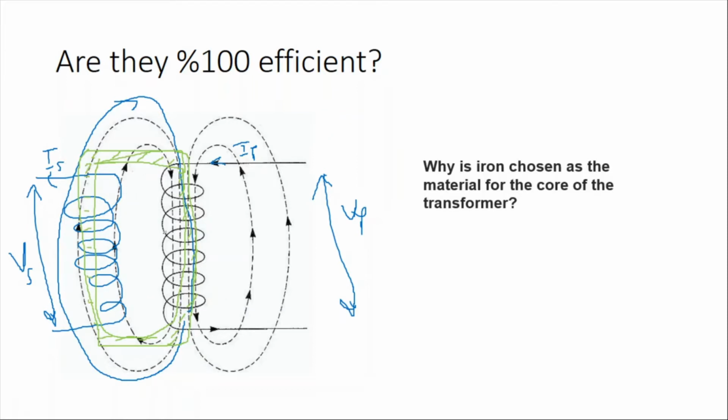This iron core helps all of the magnetic field produced from the first coil to pass through the second coil. It increases the density of the magnetic field lines, and in turn it increases the efficiency of the transformer. That's why we use iron here to increase the efficiency of the transformer.